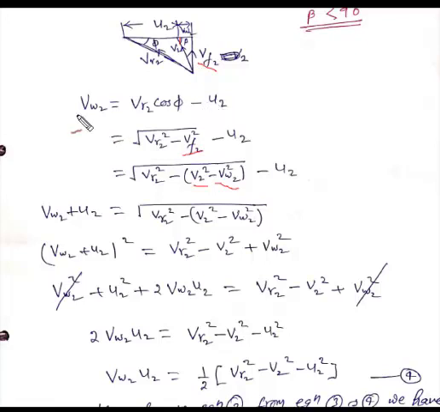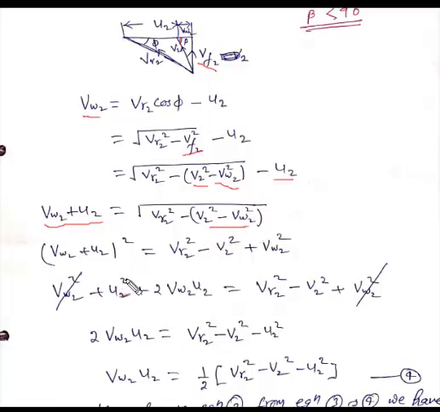Then we get Vw2 is equal to under root Vr2 square minus bracket V2 square minus Vw2 square bracket close minus U2 here. Then rearranging this equation we get Vw2 plus U2 is equal to under root Vr2 square minus in bracket V2 square minus Vw2 square.